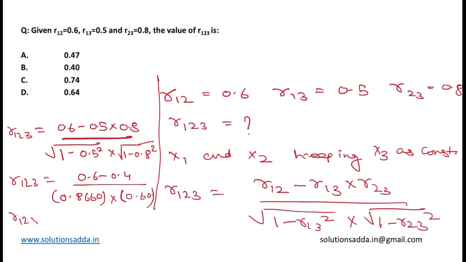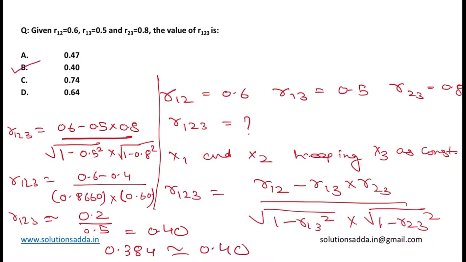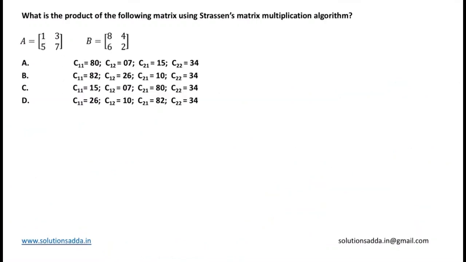So R123 will come to us as 0.2, approximately, divided by 0.5, which is nearly equivalent to 0.40. The exact answer that is coming is 0.384, which is equivalent to 0.4 nearby. Hence option B is the correct answer for this question.